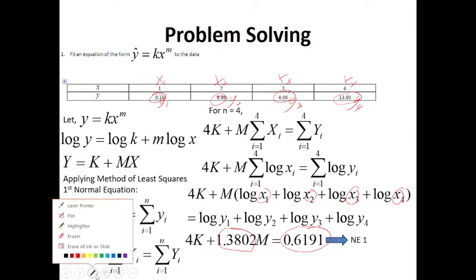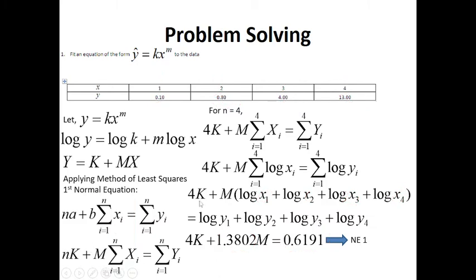So upon applying the method of least squares, we now proceed with the second normal equation. Let's determine the second normal equation. So this is the equation derived previously upon applying the method of least squares.